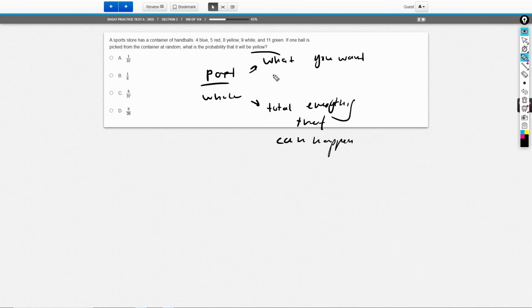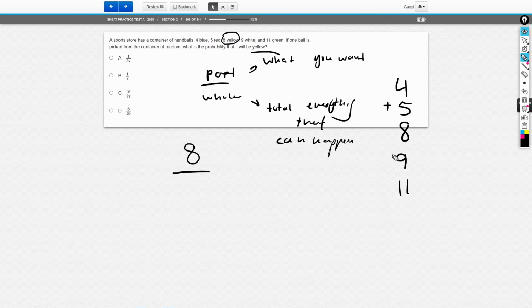Well, I have to choose a yellow ball, and there's 9. No, there's not 9 of them. There's 5 reds. There's 8 yellow balls that I can choose from. So my part is what I want. So I want to choose one of those 8 balls. But in total, everything that could happen, I could select one of the 4 blue balls. I can select one of the 5 red balls, or the 8 yellow balls, or the 9 white balls, or the 11 green balls.